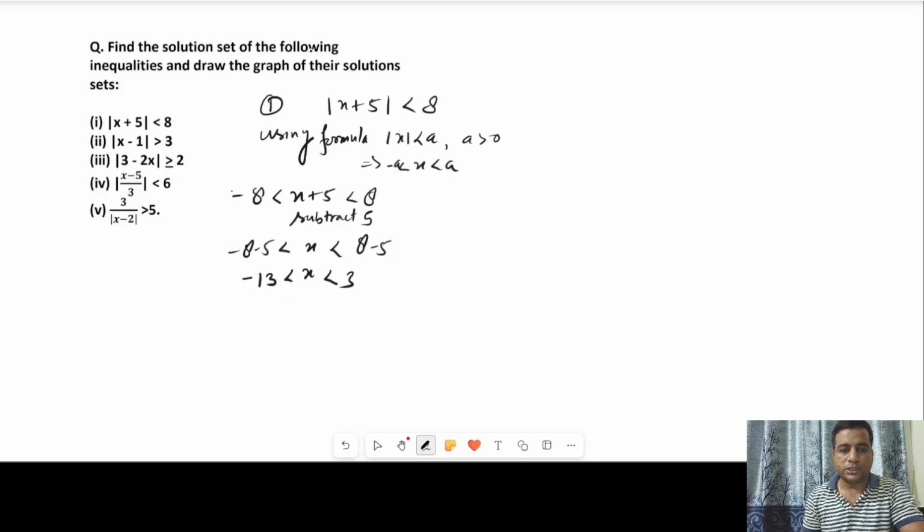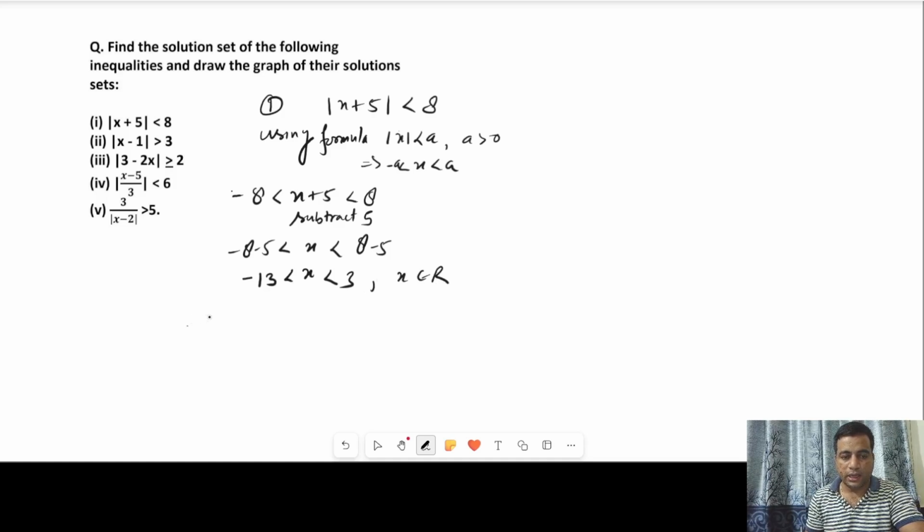And find the solution set. It's your solution set, and draw the graph of their solution sets. It is not given that x is integer or natural or whole or real, so x should be real.